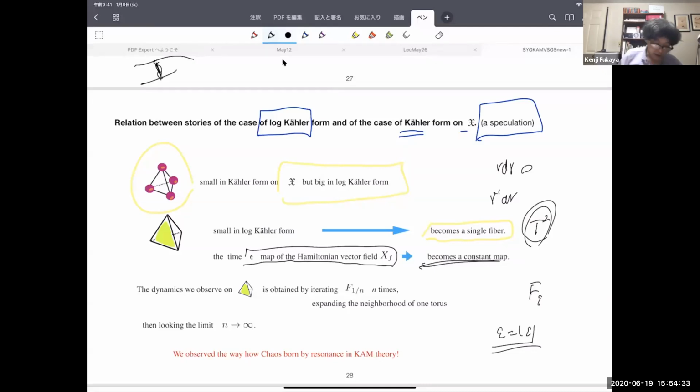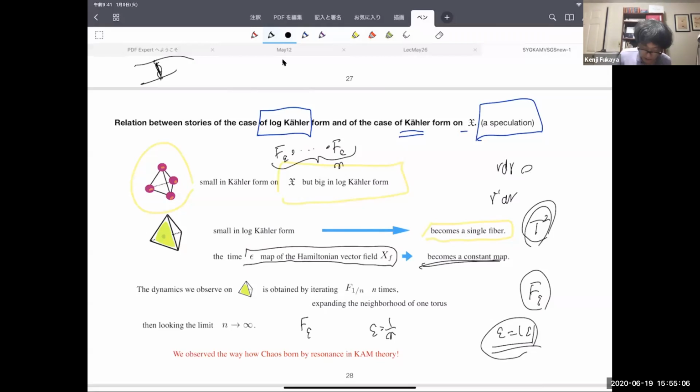But then I wonder about the rather complicated dynamics we observed on the surface. So what do we find? We take this FQ, and Q is epsilon. So let me take F epsilon, and epsilon is 1 over n. So this gets to a constant, but if you want to see something non-trivial, then we iterate this F epsilon n times.